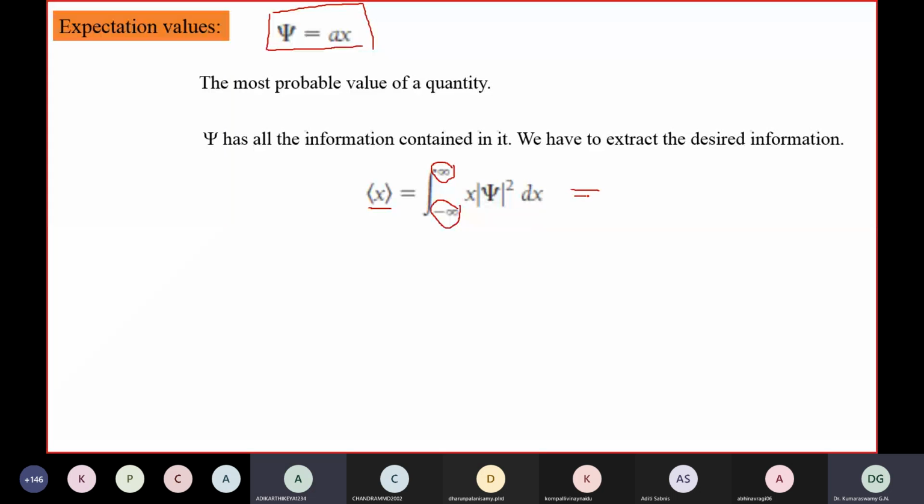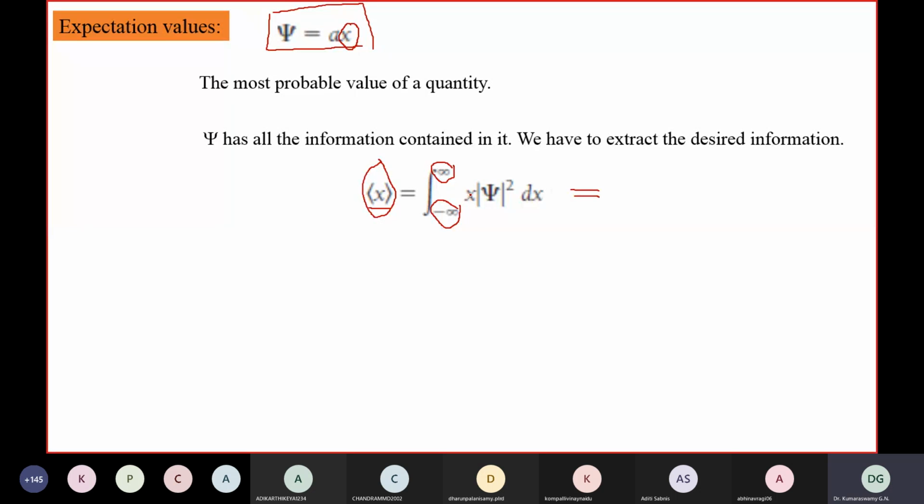The x outside is the expected value, and the x inside the integration is the same as what is inside the wave function.